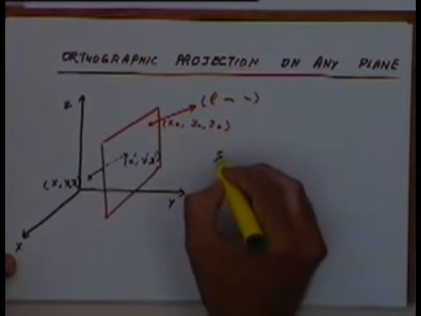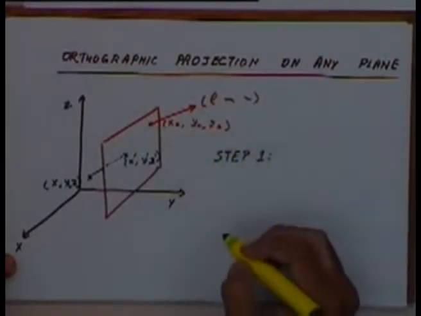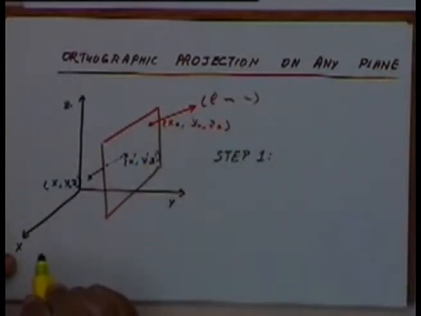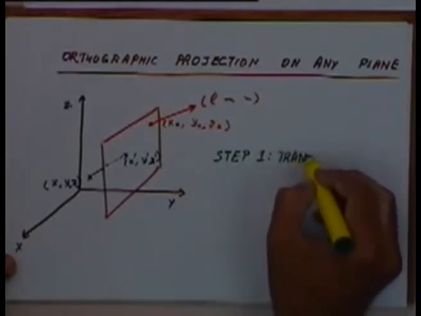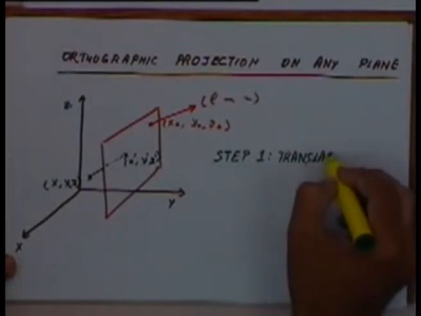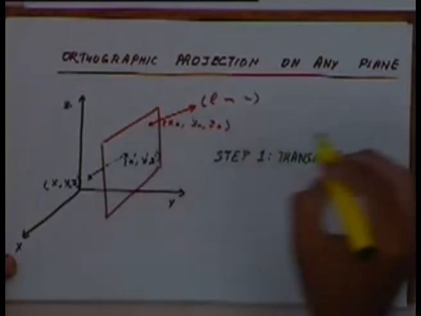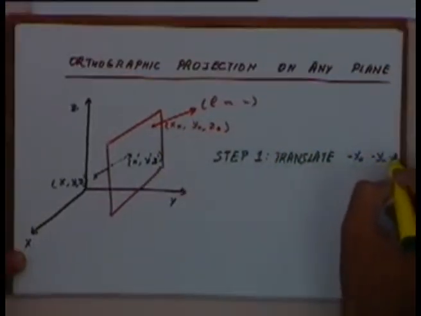So in step 1, I will translate so that this becomes the new origin. If this becomes the new origin, my translation is by minus x naught, minus y naught, minus z naught.